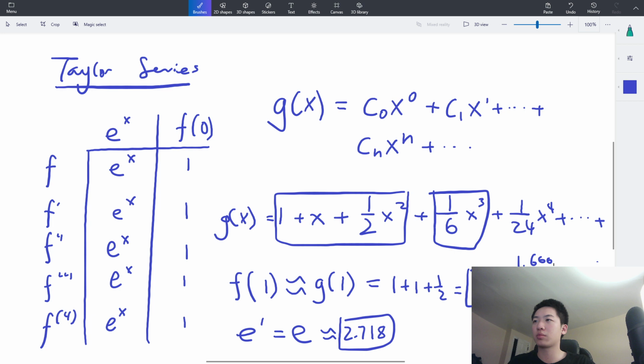I mean, 0.166. Let me do that in my head. Yeah, it is that. So if we add this on, it'll become 2.666. All right. So that repeats. You can see how it gets closer and closer and closer, and that's the power of having Taylor series.